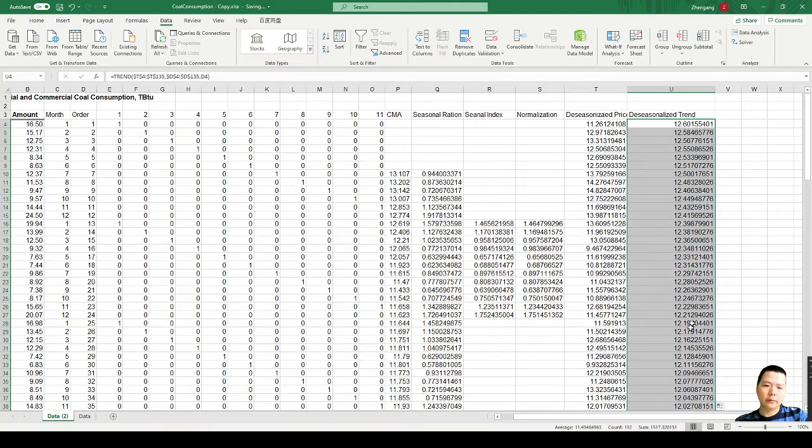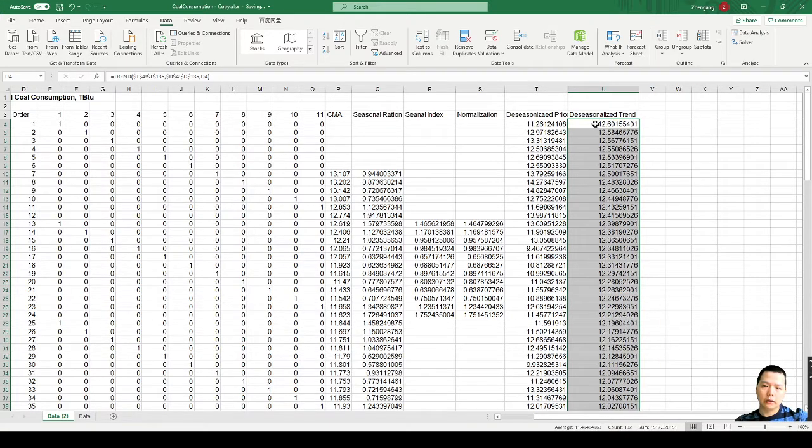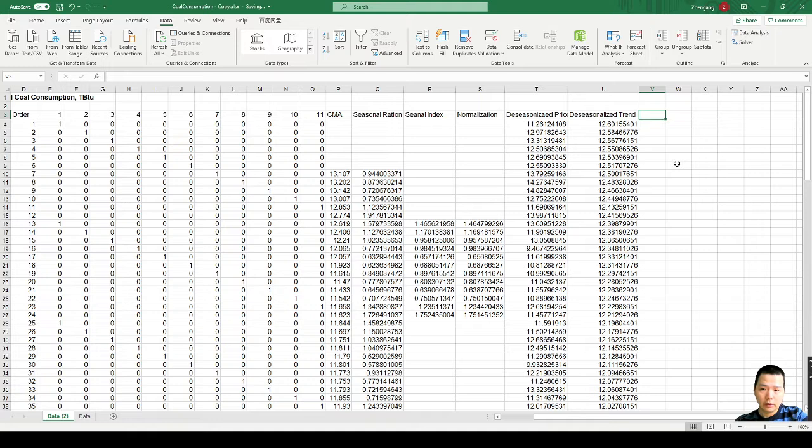You can see it's almost the same number because we removed the seasonal factors. But in the final one, we want to add the seasonal factor back. So this is the final forecasting: we just multiply back the factors.